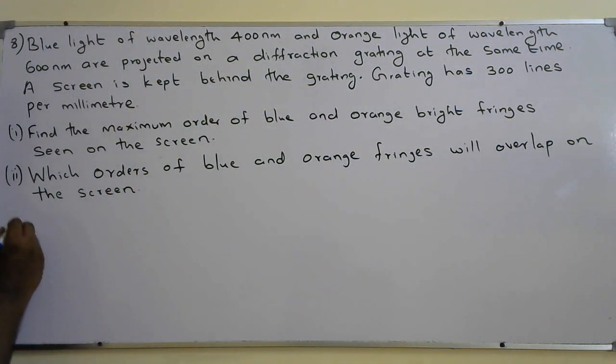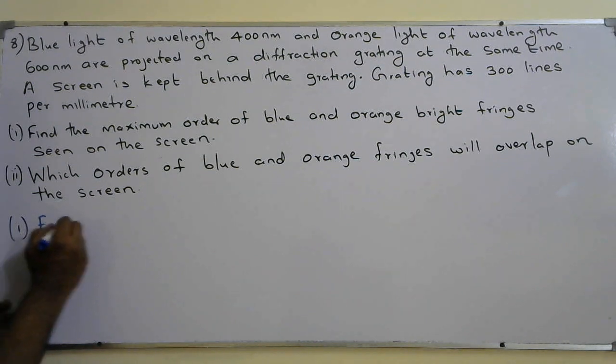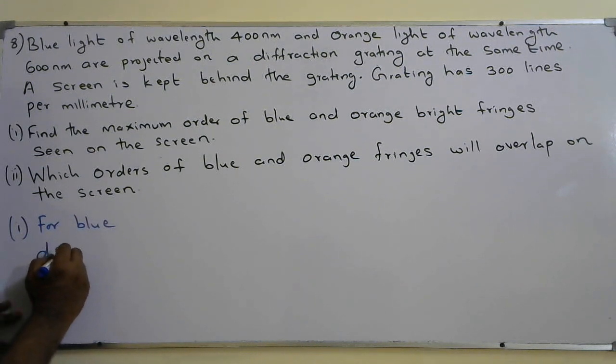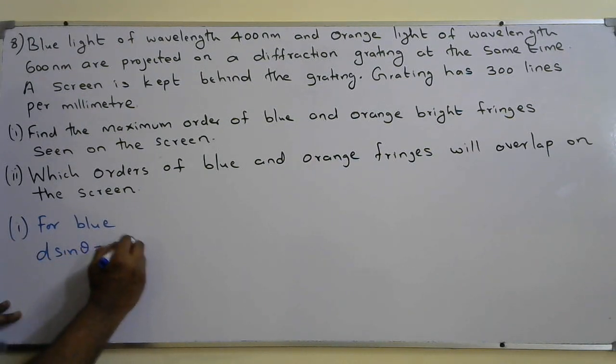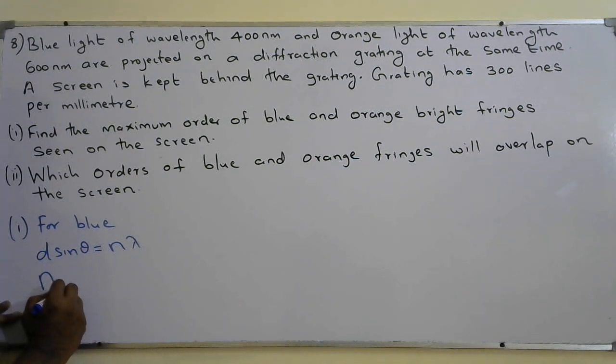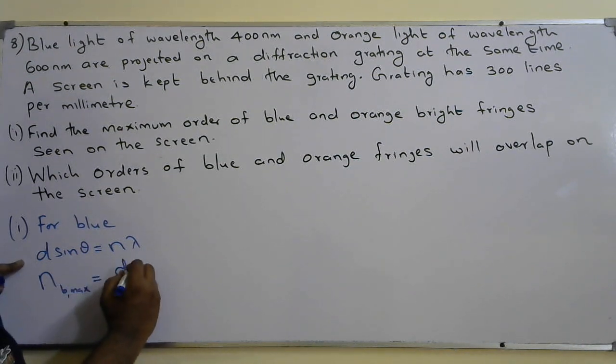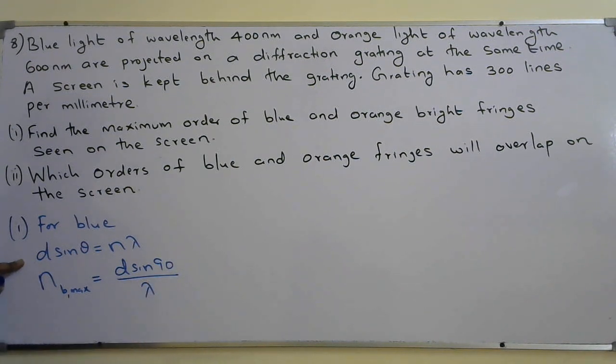So the first part, for blue, d sine theta equal n lambda, so n blue maximum equals d sine 90 over lambda. So we need to find d, which is from 300 lines per millimeter.